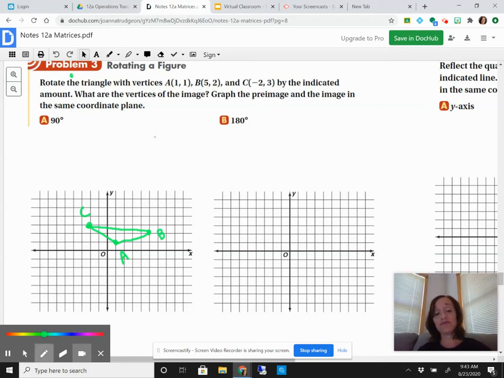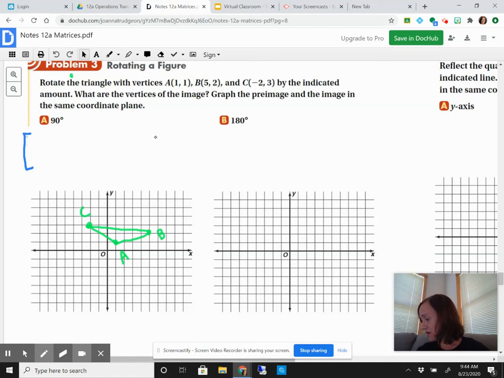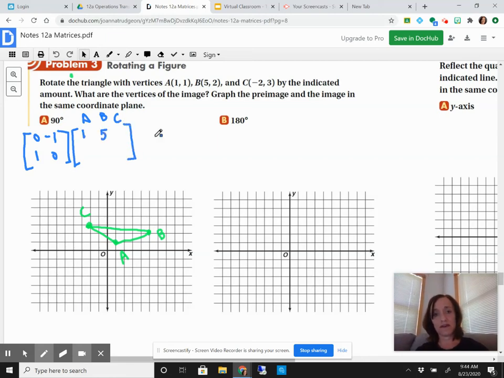What we're going to do if we're using matrices is take the rotation matrix, which is up there above, 0, negative 1, 1, 0, and multiply it by the matrix of A, B, C, where the first row is the x coordinates, 1, 5, and negative 2, and 1, 2, 3 is the y coordinates.